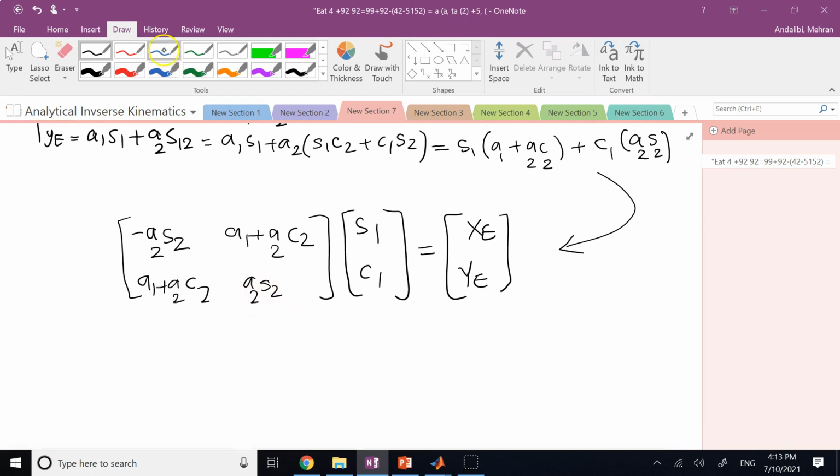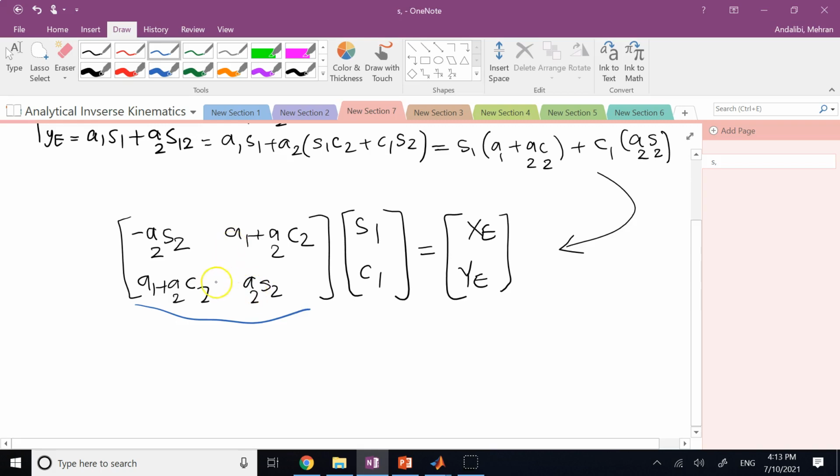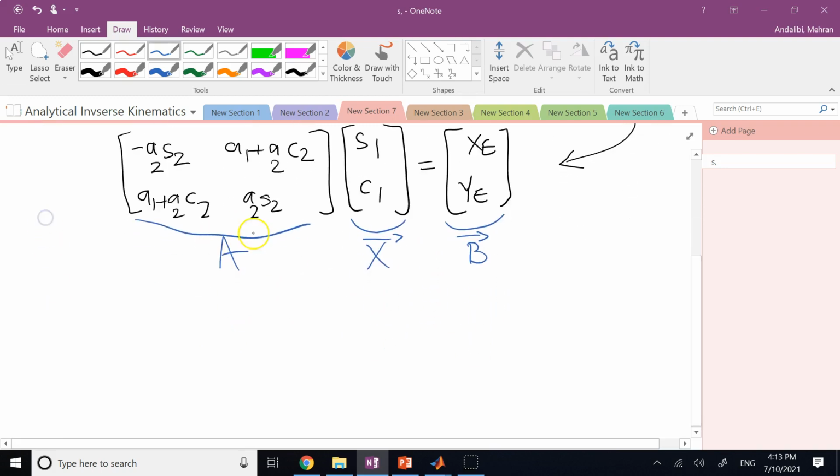well, you know how to invert a 2 by 2 matrix. If you invert a 2 by 2 matrix, what you need is to negate the diagonal elements, swap the anti-diagonal elements, and divide by the determinant, correct? So if I call this A, call this X, and call this B, then I need A inverse, right?